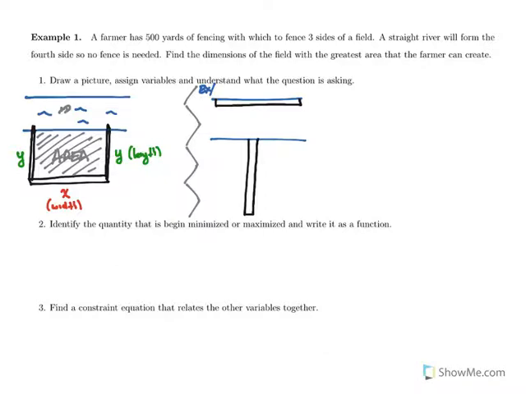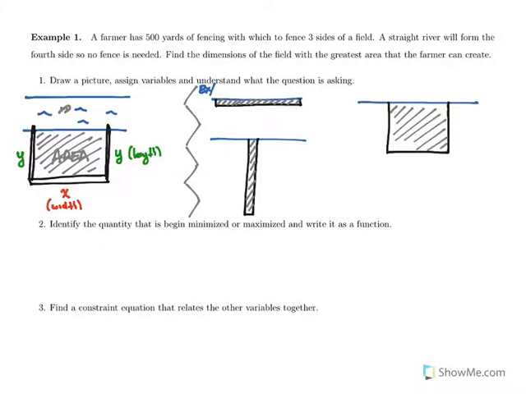Maybe we have a square. And we're going to have maybe everything in between. We want to try to find what dimensions are going to give us the biggest area. Is it a long and skinny kind of field? Is it a square field? Is it something kind of in between? That's what we're trying to figure out. All right, which one of these areas would be the biggest, or is there something that I haven't drawn? We'll come back to these pictures when we think about the domain as well.